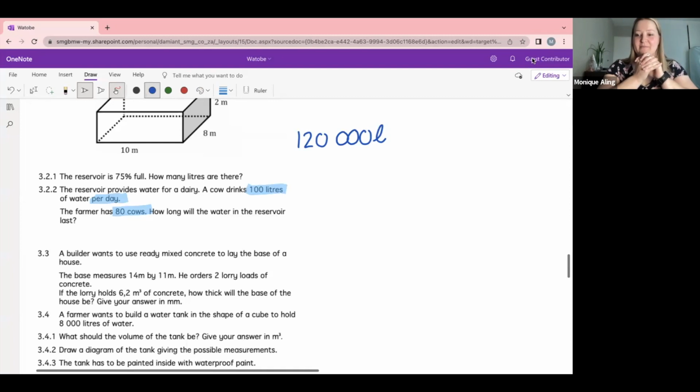I'm unsure, so that's what I did. 120,000 minus 100, which is 119,900. Then I divided it by 80.